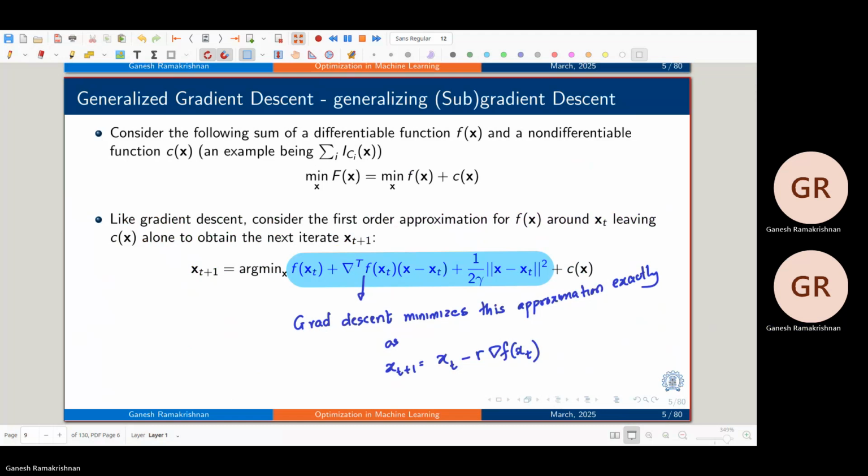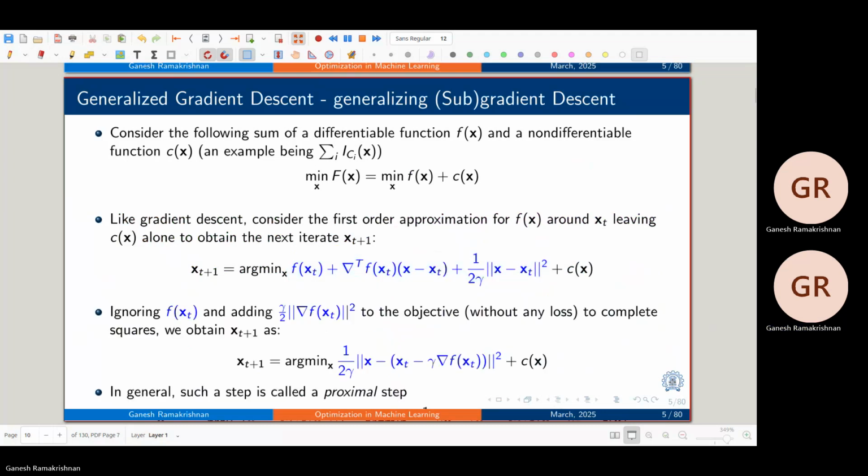So, okay, this is the idea. Gradient descent minimizes the approximation exactly as xt plus 1. I have now got it in terms of proximity. So that's why it's called proximal. This is what makes it proximal.